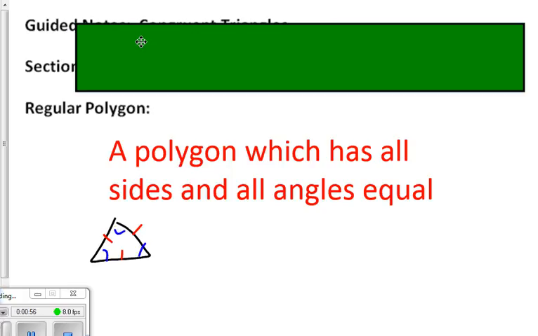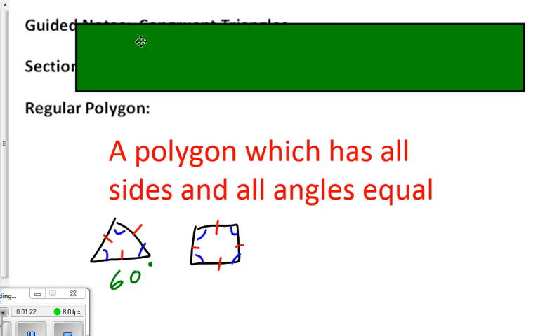If we wanted a regular polygon that had four sides, that would be something we call a square. All of the sides are equal to each other. All of the angles are equal to each other. It's kind of nice because for each of these we can figure out exactly how big all of those angles have to be. For a regular triangle, they all have to be 60 degrees.